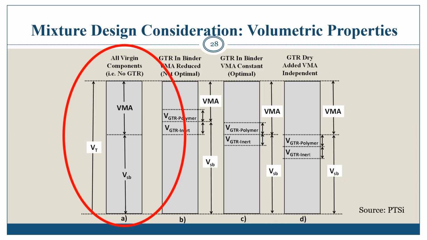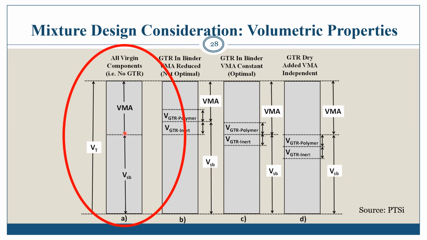The volume of stone, bulk volume of the stone, encompasses the asphalt binder absorbed into the aggregate, while VMA encompasses air volume, asphalt binder volume, and the ingredients within the asphalt binder that are deemed to be asphalt binder. So this is the bulk volume of the stone, V sub B, and this top portion is VMA.